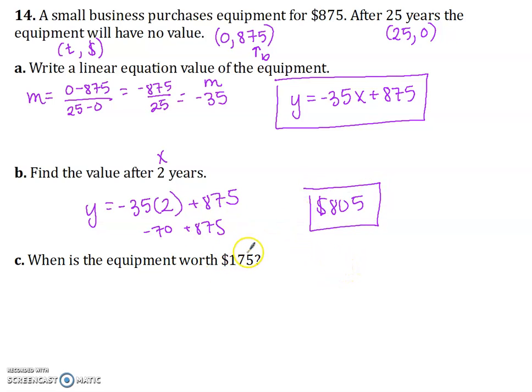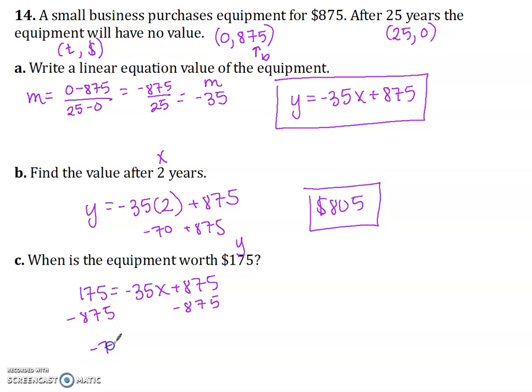Then for this last part, part C, when is it worth $175? Money is our y value, so I'm just going to go to this equation, plug in 175 for y, and solve for x. The first thing I want to do is subtract 875.